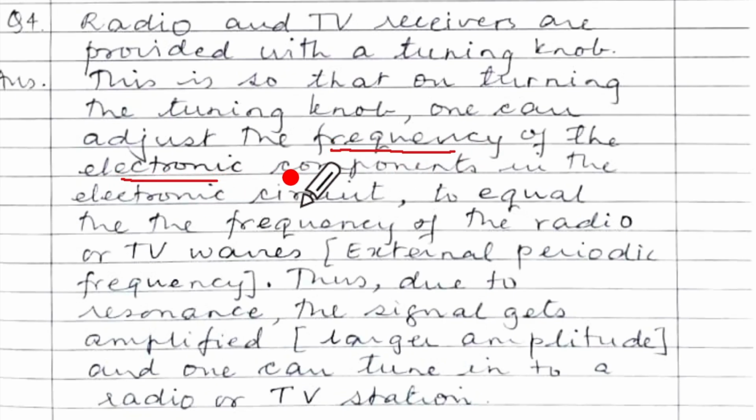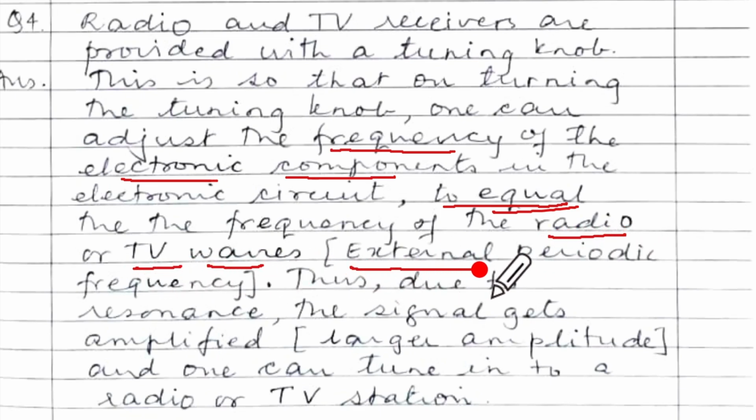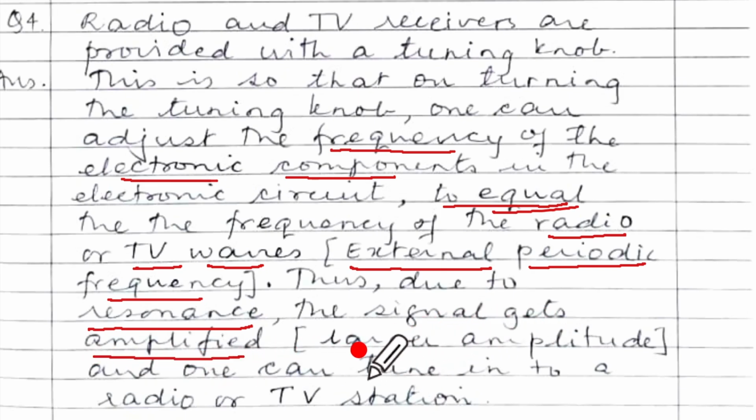The electronic components which are in the circuit to equal the frequency of the radio and TV waves, underline that, which represent the external periodic frequency. Thus, due to resonance, this is the keyword again, the signal gets amplified, means because of the large amplitude, and so one can tune into radio or TV station.